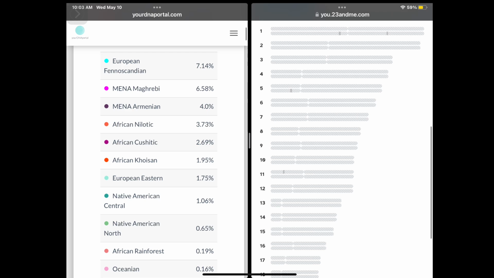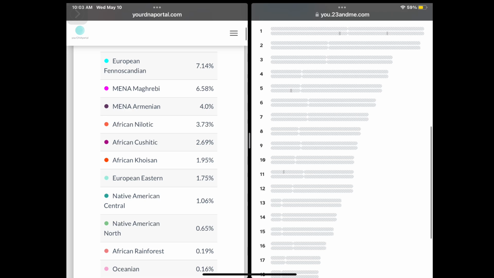So it's very, very small portions that have been teased out as unassigned. But we'll see if perhaps Your DNA Portal can help us fill in some gaps when it comes to the unassigned portions, as well as those portions, once again, that are under the 0.5% range.